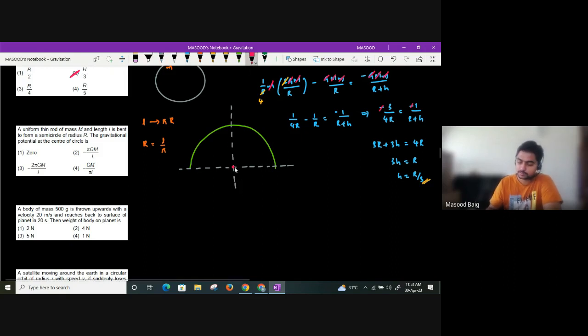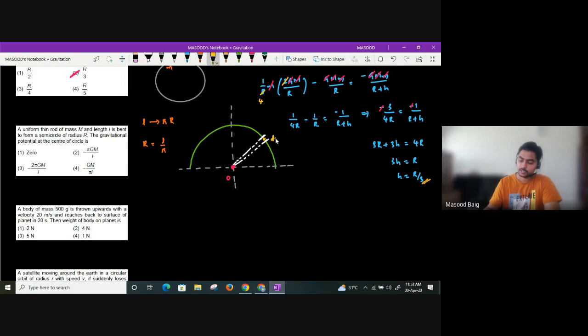Potential is a scalar quantity, guys. Right? So if I want to calculate, what will I do? It is a continuous mass distribution. So I'll take a small element here. Can I consider it to be just a point or not, guys?